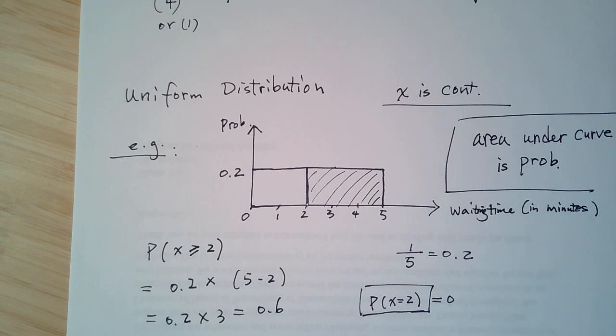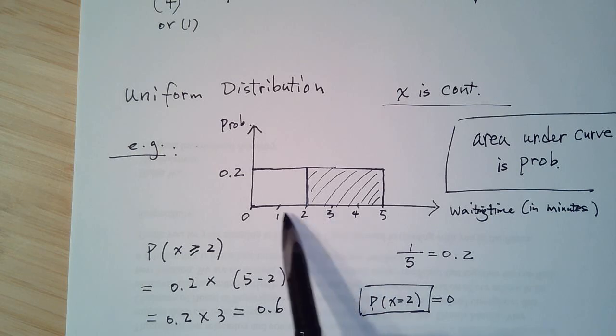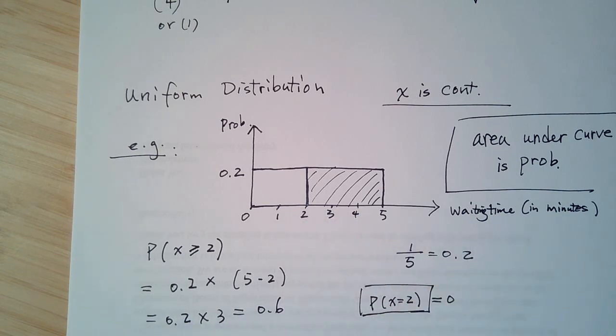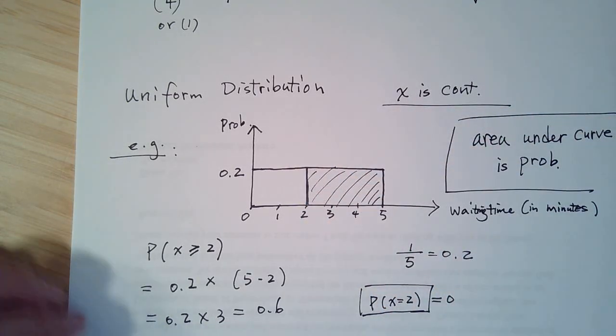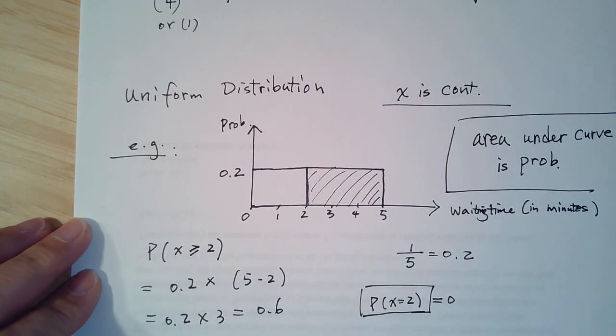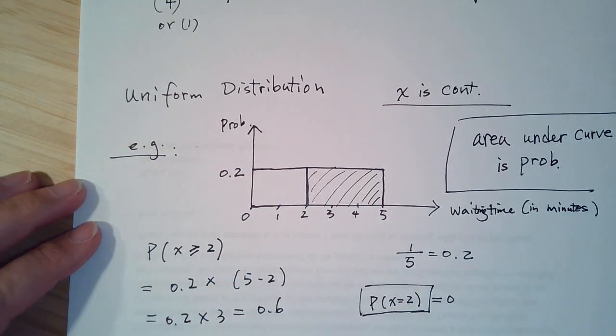For a continuous probability distribution, you have a range like 2 to 5 or 2 to 3 or 1 to 4, things like that, and then you find the probability. So it's very obvious. You just look at the curve and find the area under the curve. Waiting time is a continuous variable from 1 to 5.